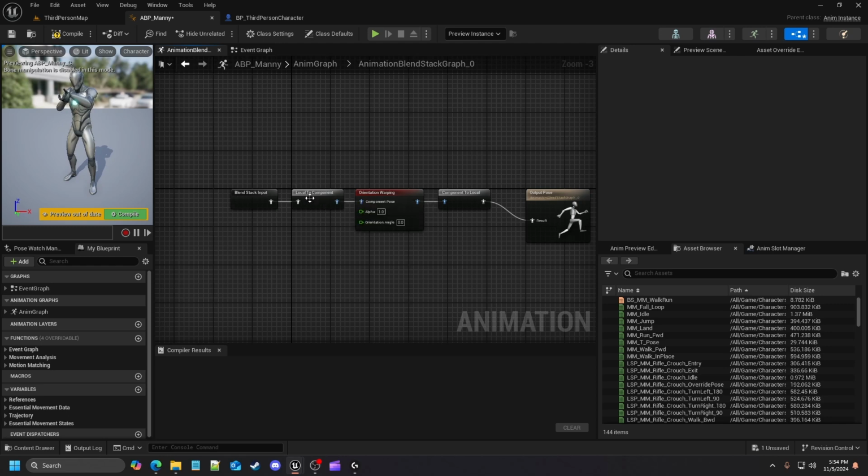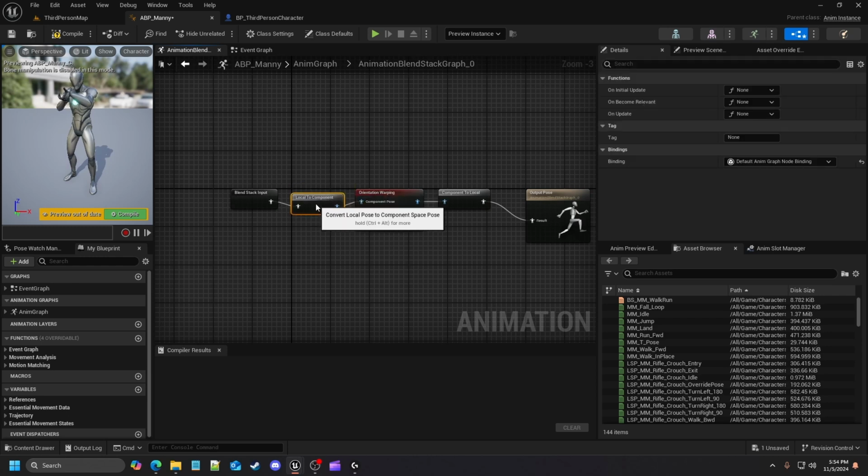Basically this is a conversion where you have local to component and component to local. Think about this like when you've done a print string, where you want to print off data, whether it's a Boolean, velocity, or ground speed to a print string, and a little node pops up that helps attach whatever you're trying to define in the print string.